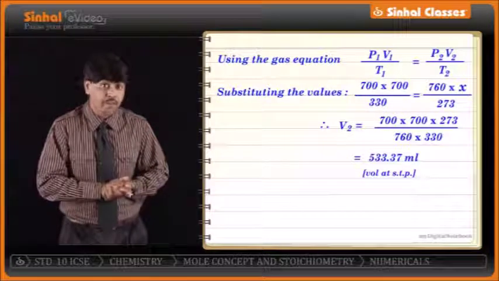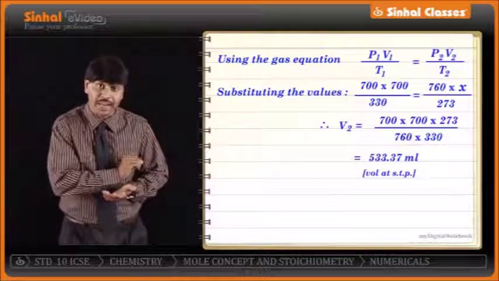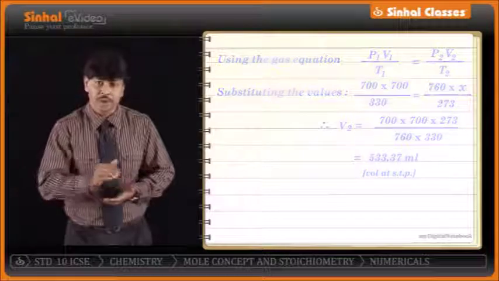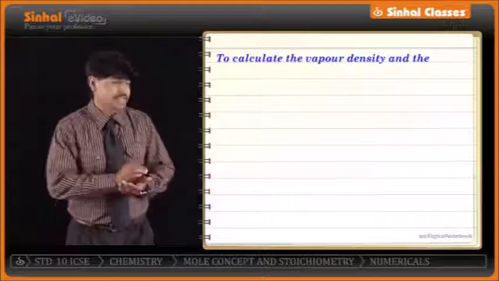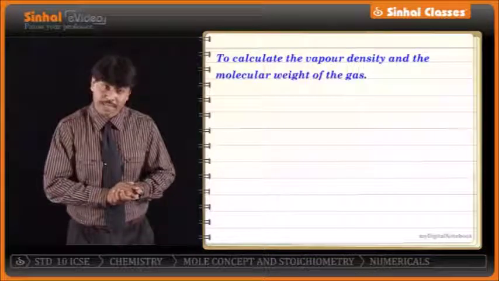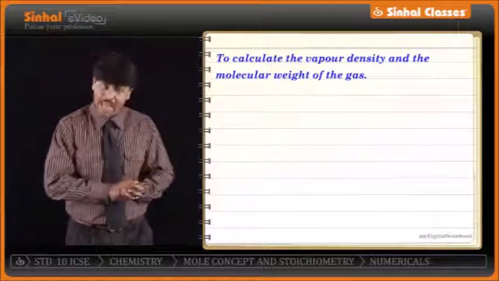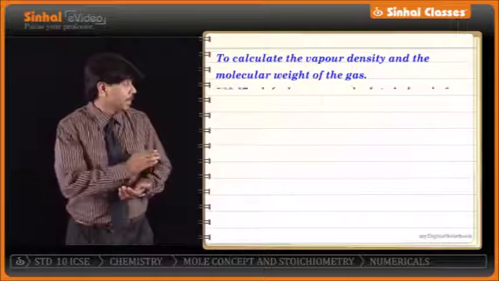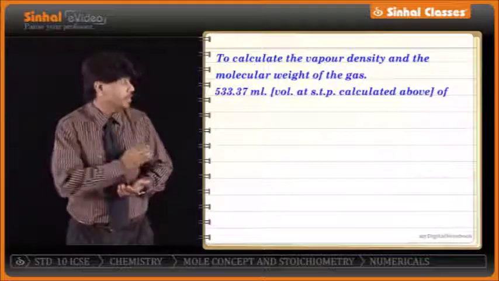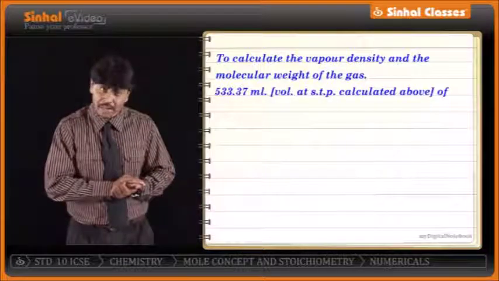But then we want to find out molecular weight and vapor density. So now let's calculate the vapor density and the molecular weight of the gas. We have already found out the volume of the gas at STP, that is 533.37 ml.